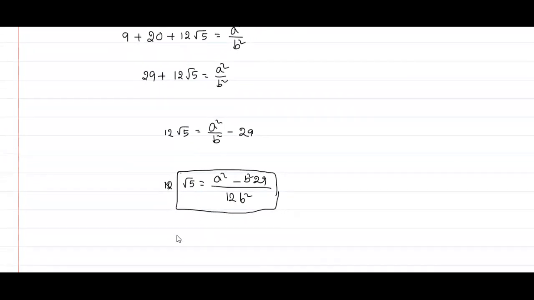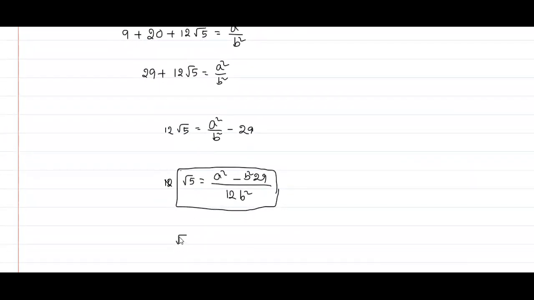So here we can observe that we have assumed that 3 plus 2 root 5 is a rational number, and here we got root 5 is in the form of a fraction, a square minus 29 b square by 12 b square. So root 5 is a rational number here. But we know that the universal truth is root 5 is an irrational number.